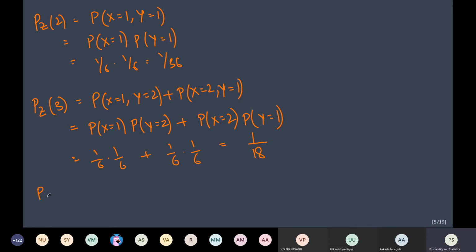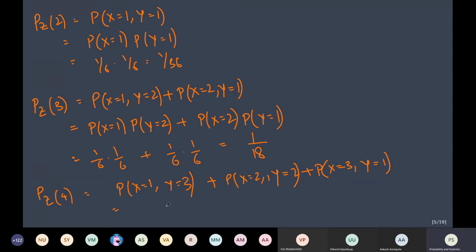Similarly, we can compute the probability of Z equals 4, which will be the probability that X equals 1, Y equals 3, plus X equals 2, Y equals 2, plus X equals 3, Y equals 1. These are all the possible cases. If we compute this, it is 3 times 1 over 36.